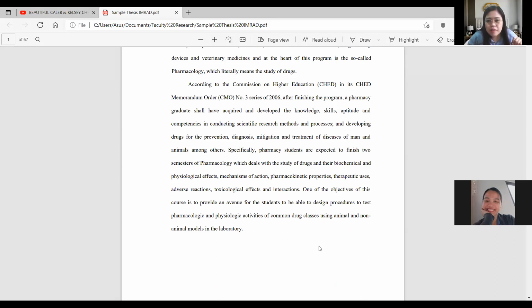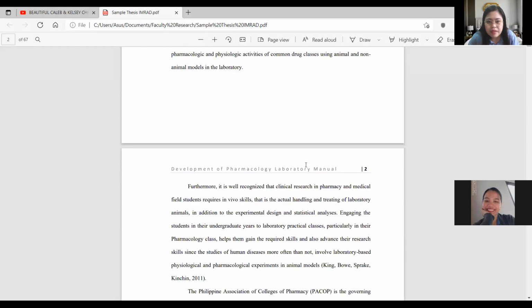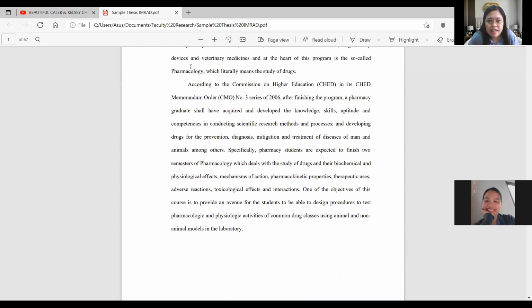So wala na ko siya gibutang as parenthetical citation. But anyway, I'll teach you also how to do that. That is called in-text citation. Moingon na ko og according to the Commission on Higher Education in its CHED Memorandum, CMO number 3, series of 2006, we call this in-text citation.